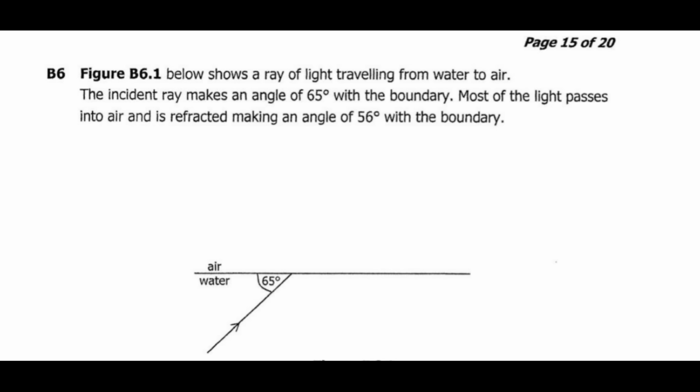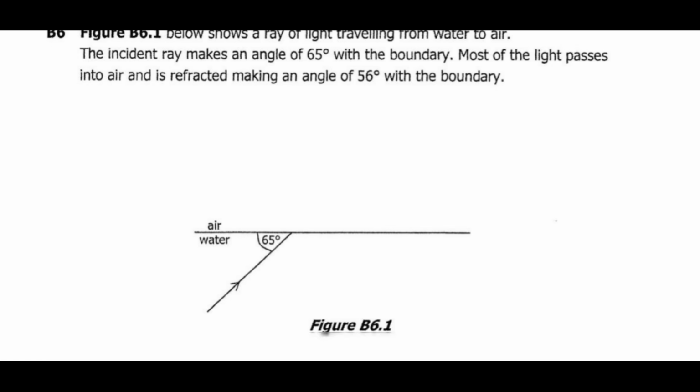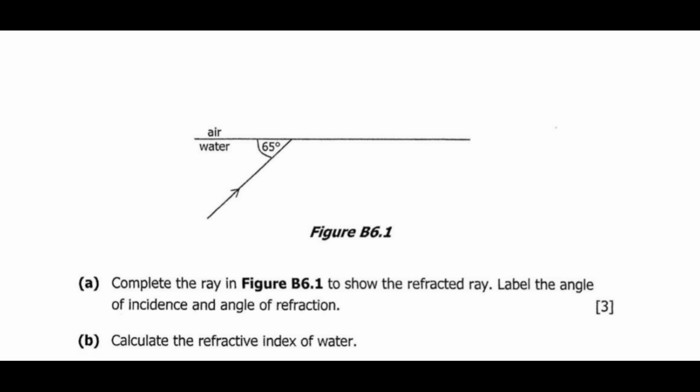Figure 6.1 shows a ray of light traveling from water to air. The incident ray makes an angle of 65 degrees with the boundary. Most of the light passes into air and is refracted, making an angle of 56 with the boundary. Then A, complete the ray in figure B6.1 to show the refracted ray.